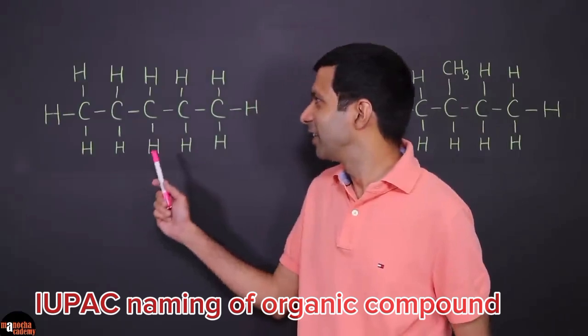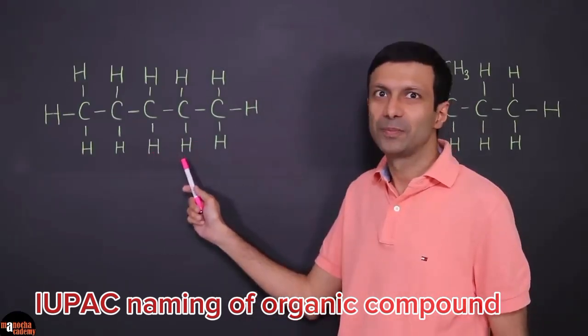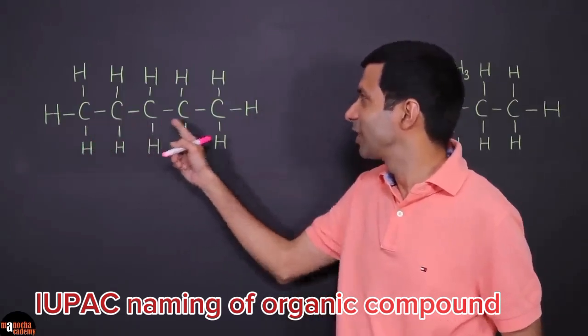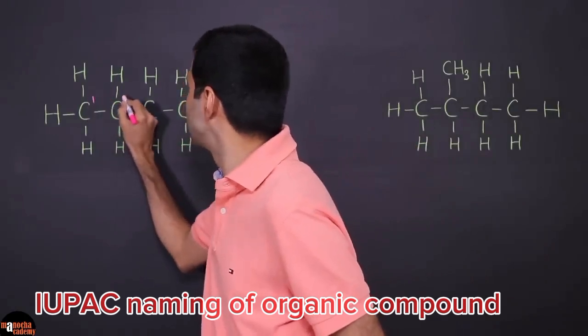Let's take a look at this example. What will be the IUPAC name of this compound? Again, let's find the longest continuous carbon chain, which is this one, and let's number it forward and backwards.